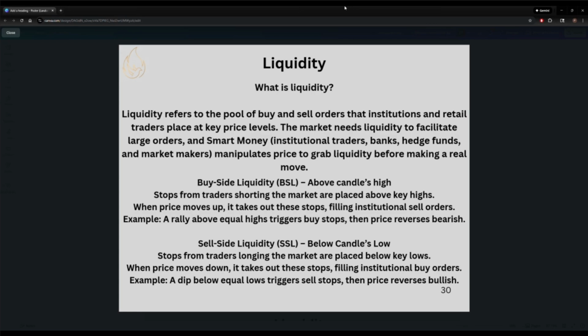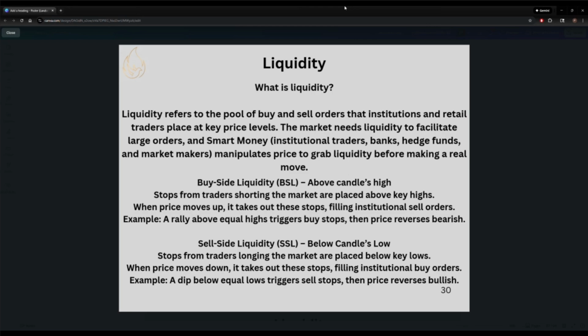Buy side liquidity refers to stops from traders shorting the market, and it's placed above key highs. So when price moves up, it takes out these stops, filling institutional sell orders. An example might be a rally above equal highs, triggering buy stops, and then price reverses bearish.